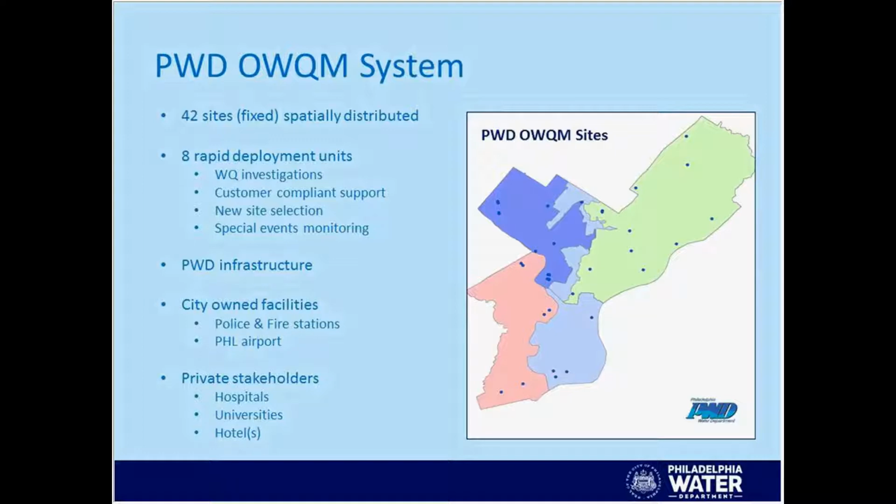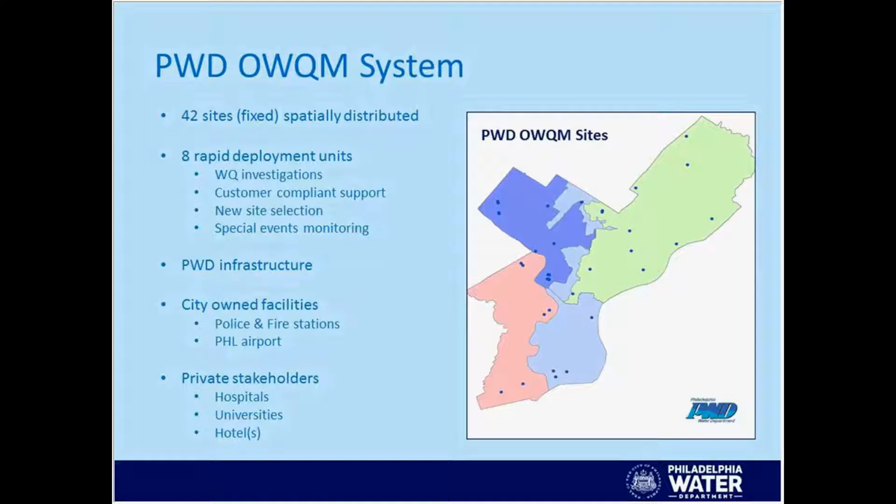In addition, we also use these units for special events monitoring. Philadelphia has hosted some large venues and activities over the past, the Pope's visit, the NFL draft, the Democratic convention. So we deploy these units in strategic areas. So there is a water security component, an application that we use these for.